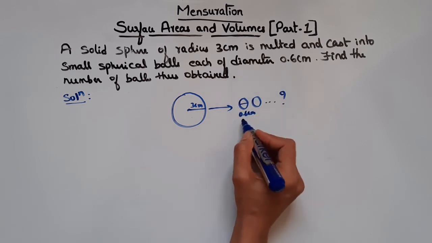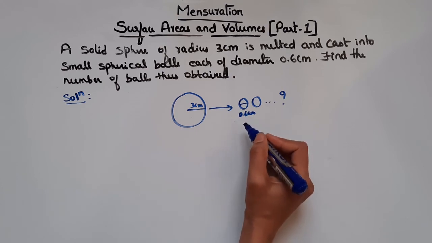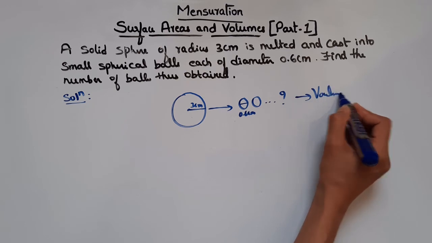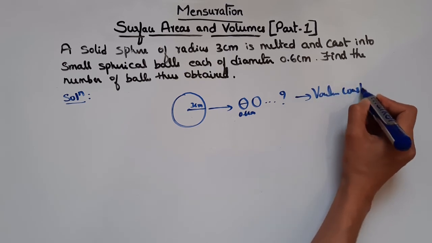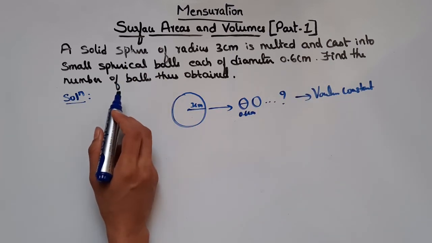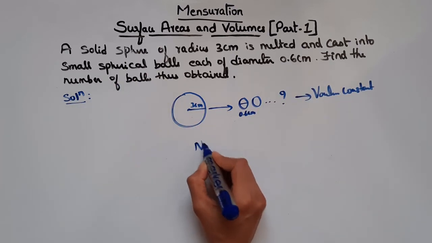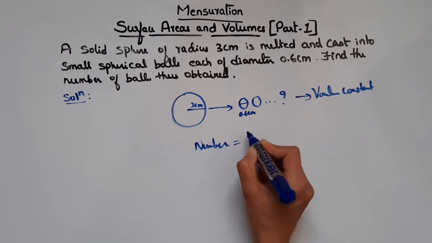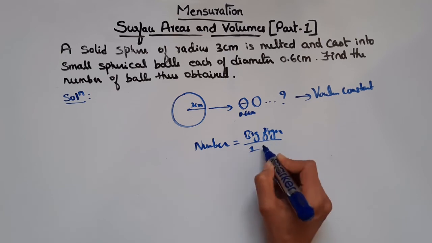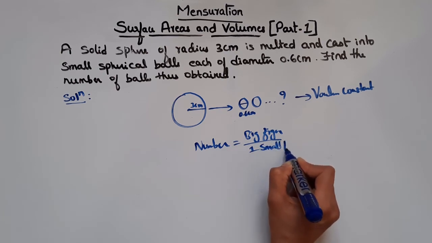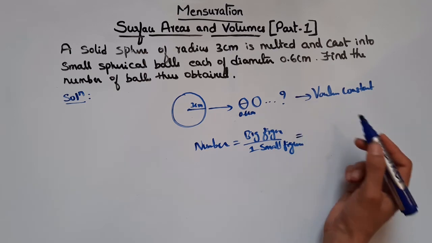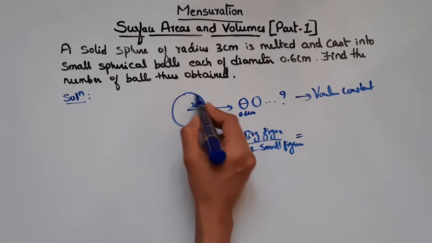So this is a casting problem, which means the volume remains constant, right? Here they have asked to find the number of balls, which means it's a number problem, right? We know the number of balls is equal to big figure by one small figure. So you can write here volume is constant. Here the big figure is this solid sphere.